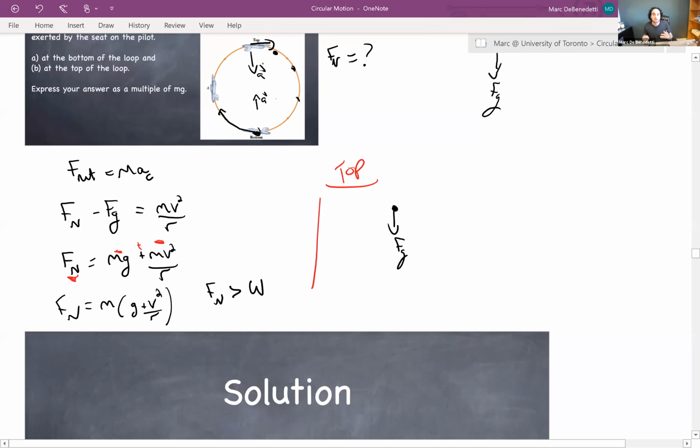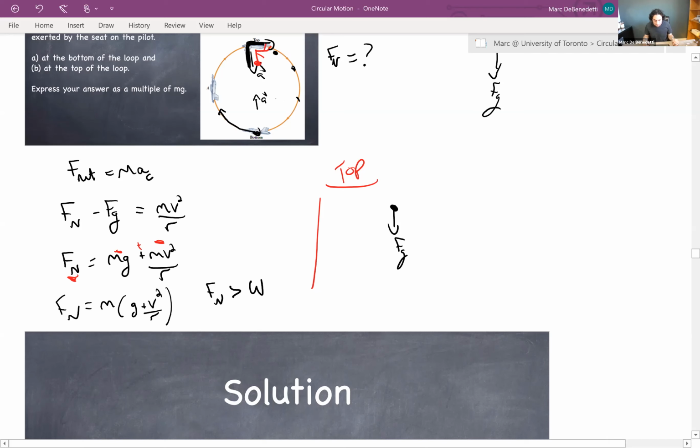So that means there has to be a force pulling you downwards. At the top of the loop, the seat isn't pushing you up anymore. Don't forget, at the top of the loop, the seat is upside down, and you yourself are upside down. So the seat isn't pushing you up anymore.